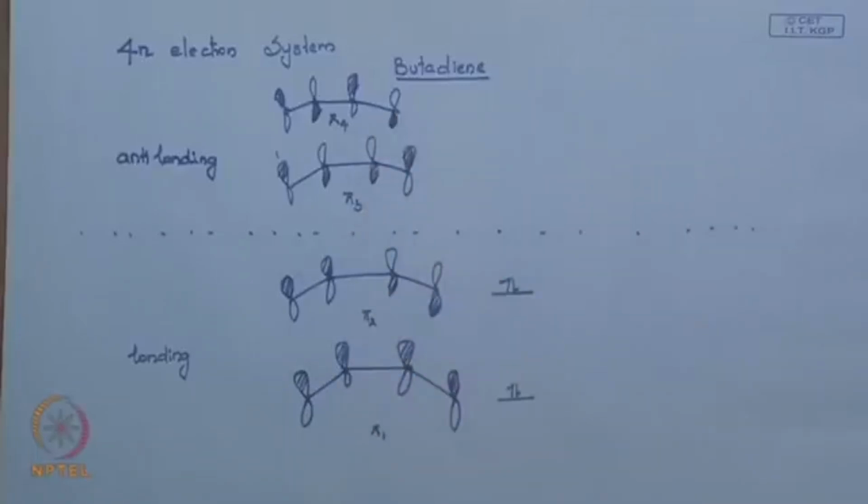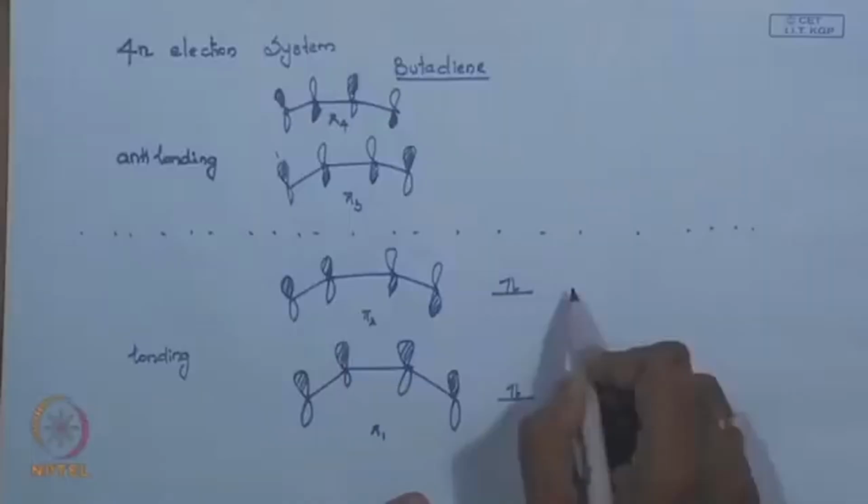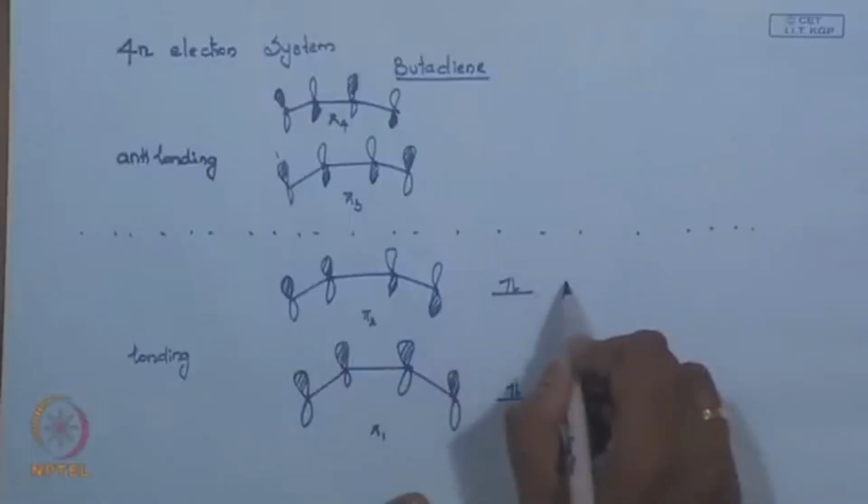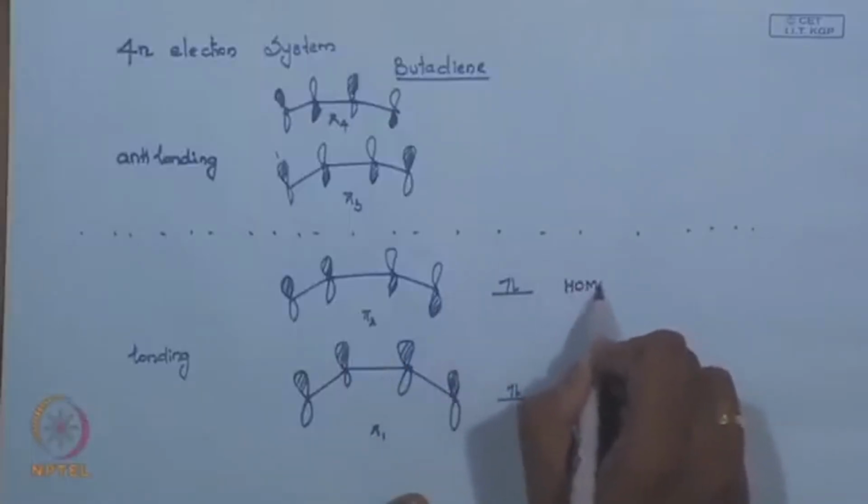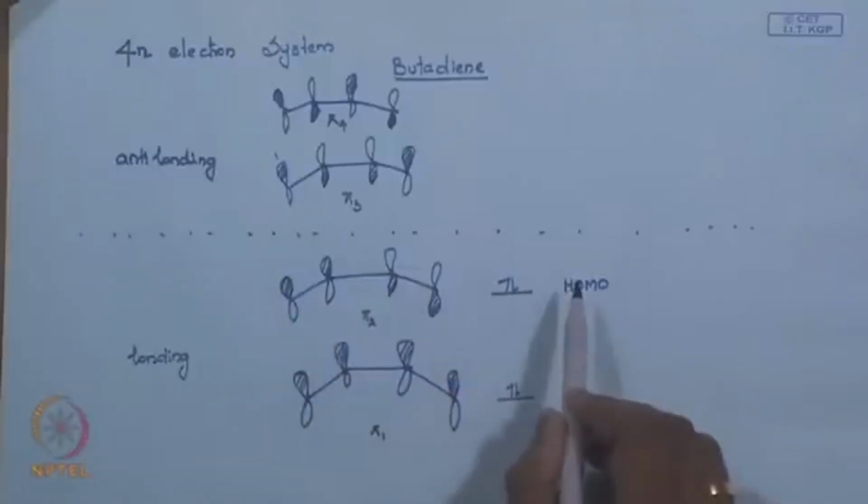The thing which you have to carefully notice is your pi 2 system and your pi 3 system. Your pi 2 system is nothing but your highest occupied molecular orbital. Whenever I talk about pericyclic reaction in thermal condition, your HOMO should come into the picture, the HOMO of your butadiene.